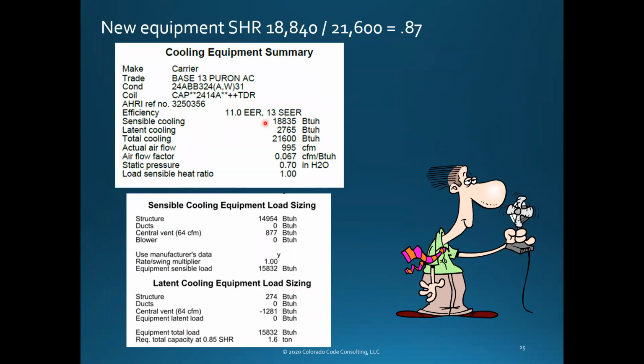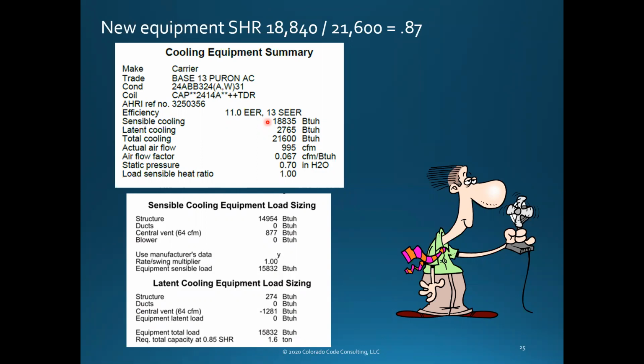This is the one that we need to satisfy, that's sensible. There are times where unless you add half of that latent capacity back to the sensible capacity, you might think you have to go up another half a ton. And if you go up a half a ton, that might be too big.